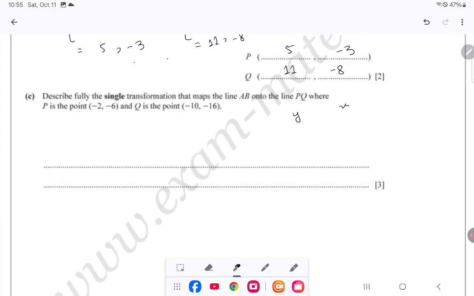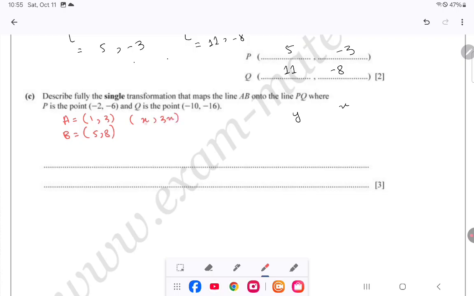Now for that, first we are given A, which is 1 comma 3. We are given B in the question, which is 5 comma 8. Now we have to compare the y value. For enlargement, A will become x comma 3x.